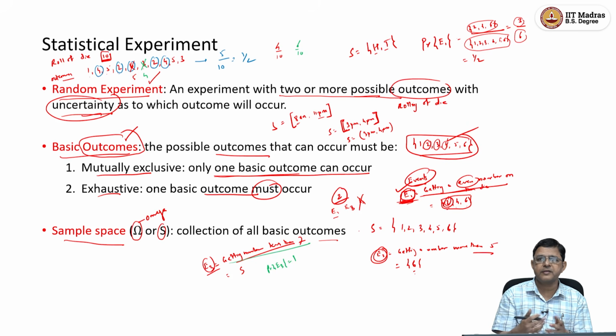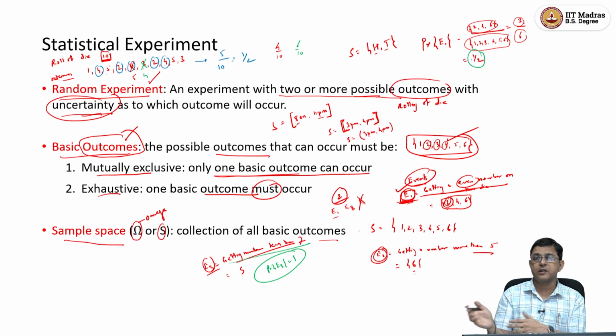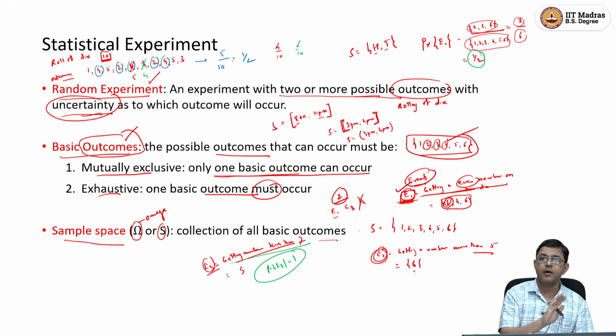So, you can always define such a trivial event whose probability itself is 1. Then you say E1, and we have already said that the probability of E1 is half. If you add up 1 plus 1 half, it is definitely going to go more than 1, right. So, the probabilities of events need not add up.